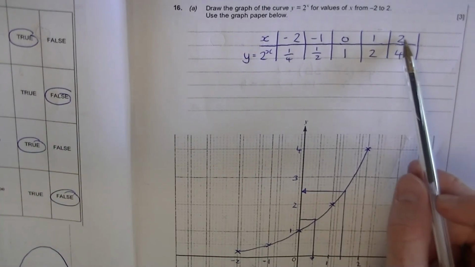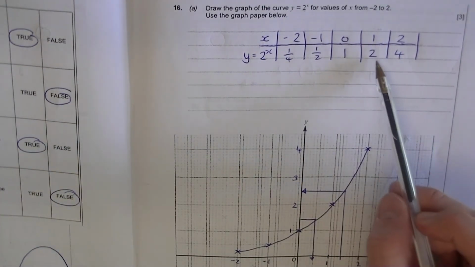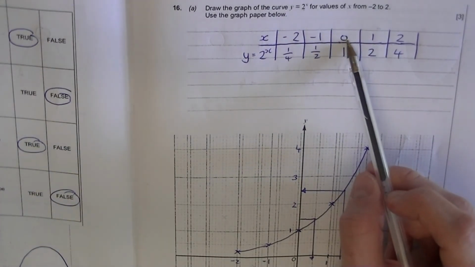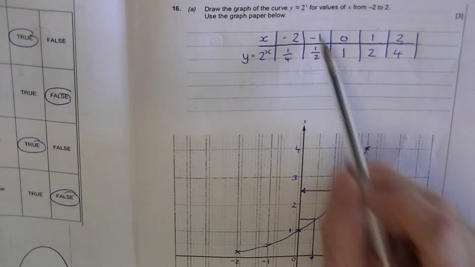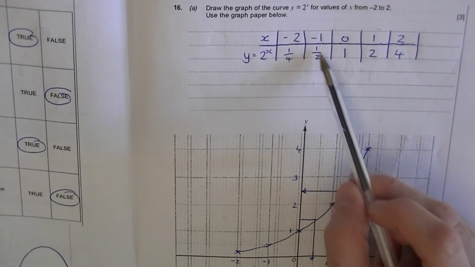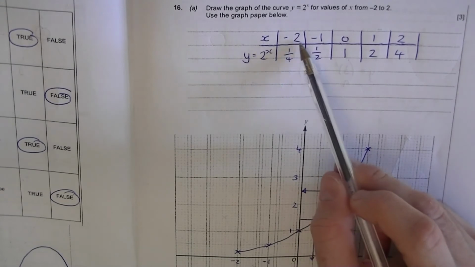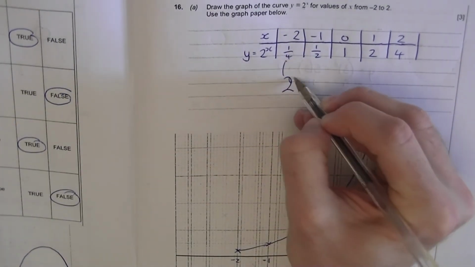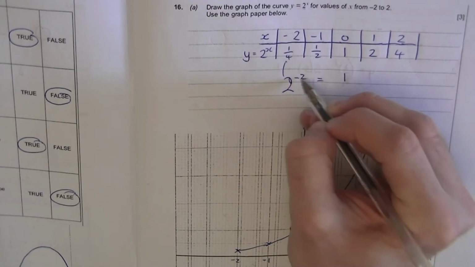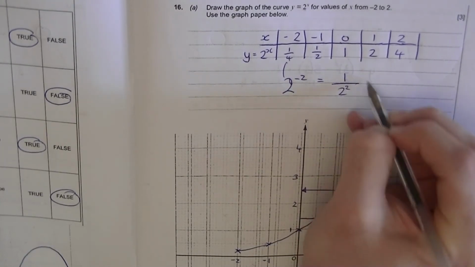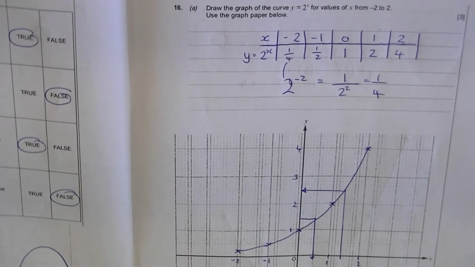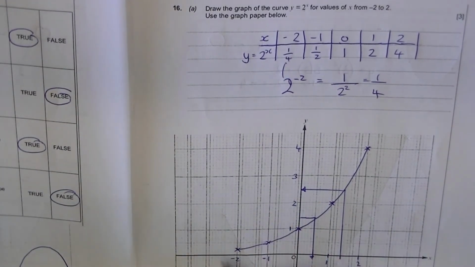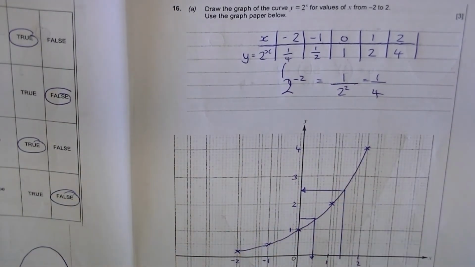So I've done here 2 squared, which is 4, 2 to the power 1, which is 2, 2 to the power 0, anything to the power 0 is 1, 2 to the power -1, which is 1 over 2, and 2 to the power -2, which I'll just explain. 2 to the power -2 is the same as 1 over, that's what the minus means, 2 squared, which is 1 over 4. Draw these points and I get this exponential curve.